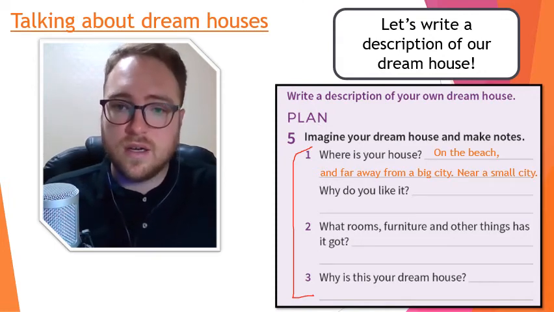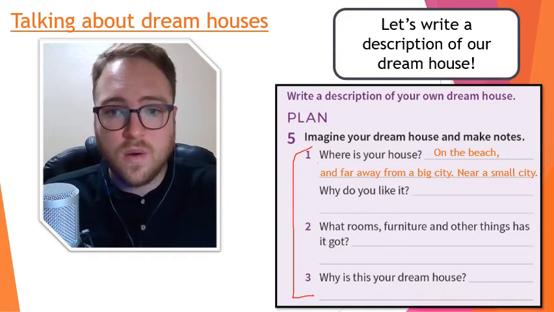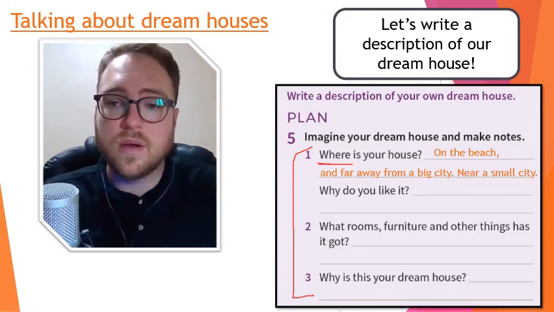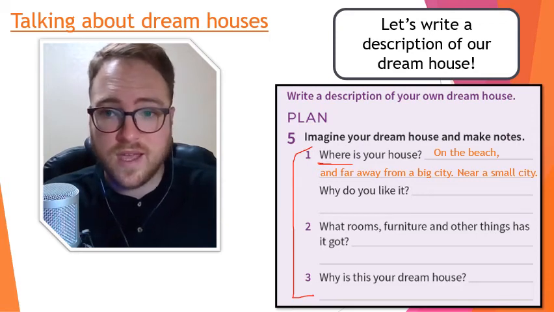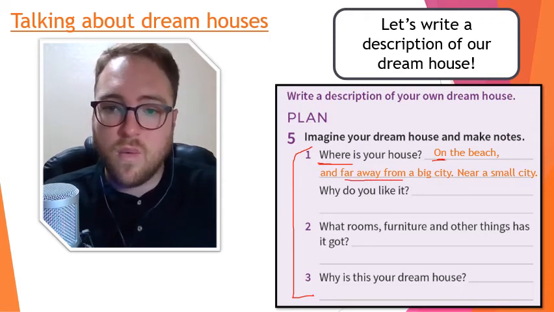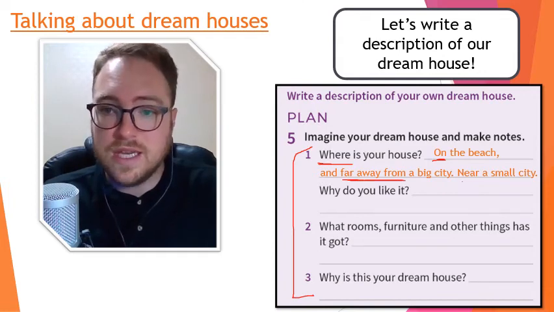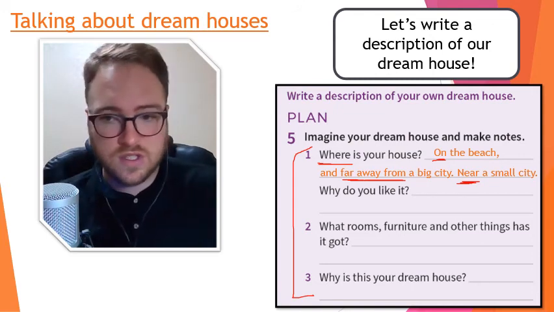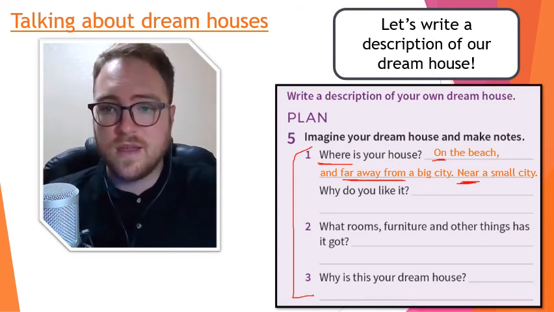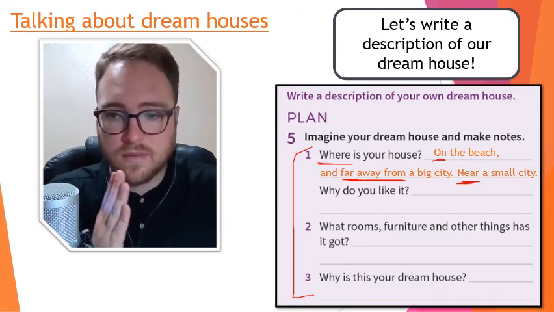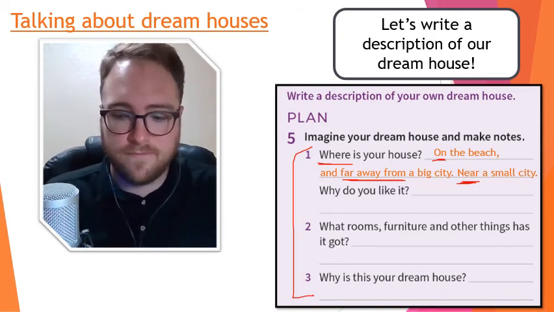All right, so when the question is where, then you should answer with prepositions like on the beach, okay? Far away from, or near something, close to something, another thing, okay? So remember, prepositions help to answer that first question.